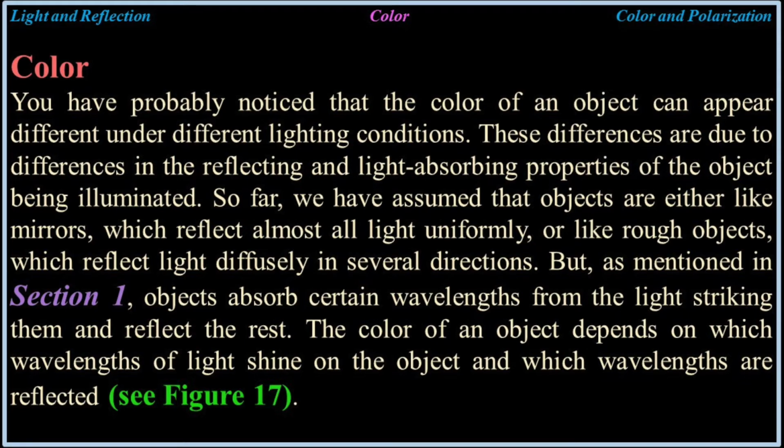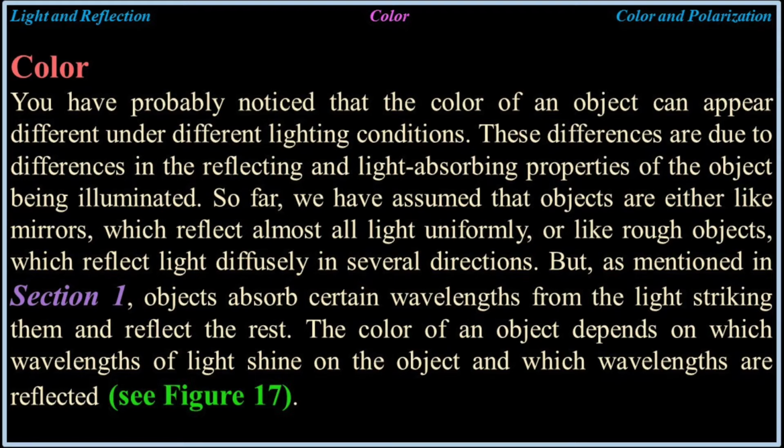So far we have assumed that objects are either like mirrors, which reflect almost all light uniformly, or like rough objects, which reflect light diffusely in several directions. But, as mentioned in section 1, objects absorb certain wavelengths from the light striking them and reflect the rest.